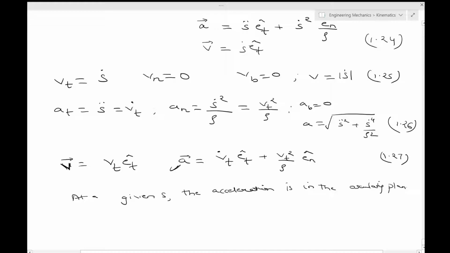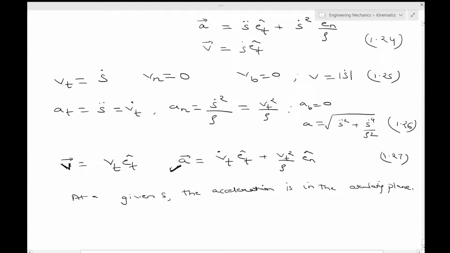Remember, the oscillating plane is the plane which contains Et and En. Since the acceleration is written in terms of Et and En and not in B, there is no B component. That's why we say that at a given s the acceleration is in the oscillating plane. So this comes from equation 1.27.